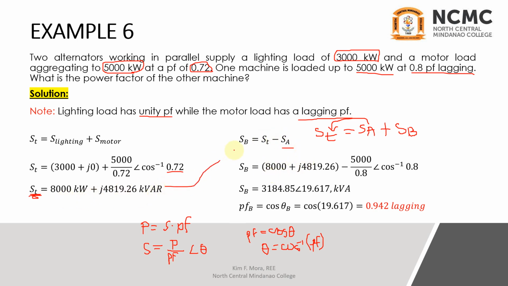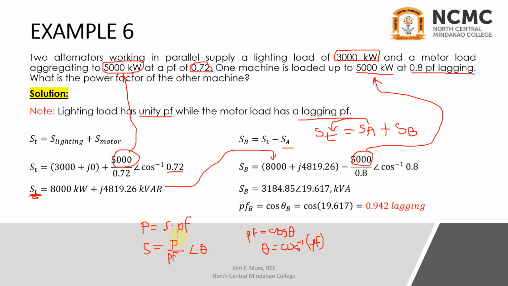The total was solved earlier. Total minus SA. Don't be confused: the earlier 5,000 was for the motor, while this one is for the machine, the alternator or AC generator. It's the same formula, P is equal to S times PF.